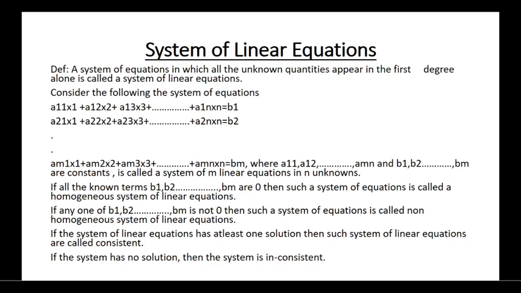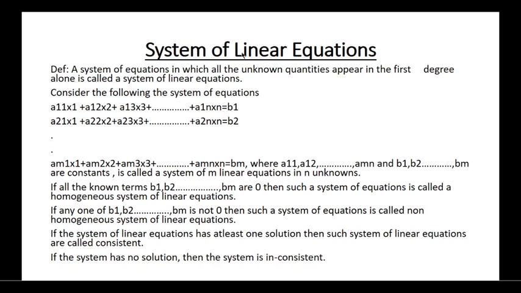Like that, we can define a system of linear equations. A system of equations in which all the unknown quantities appear in the first degree alone is called a system of linear equations.